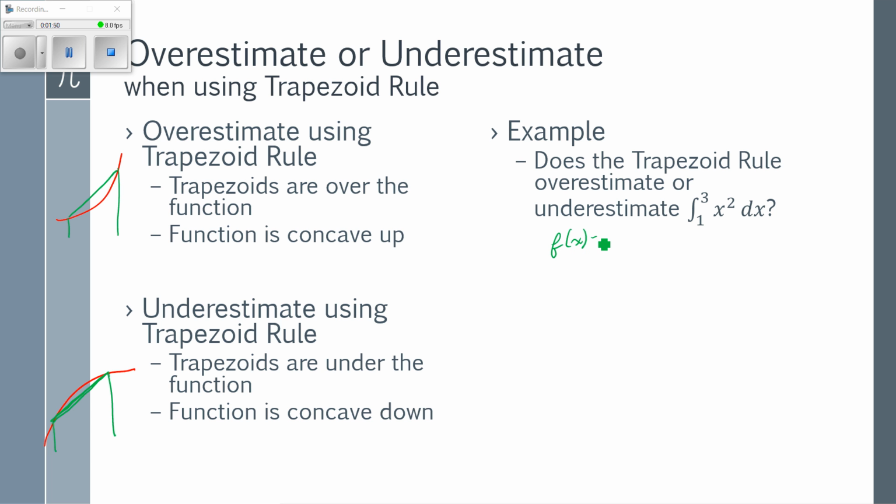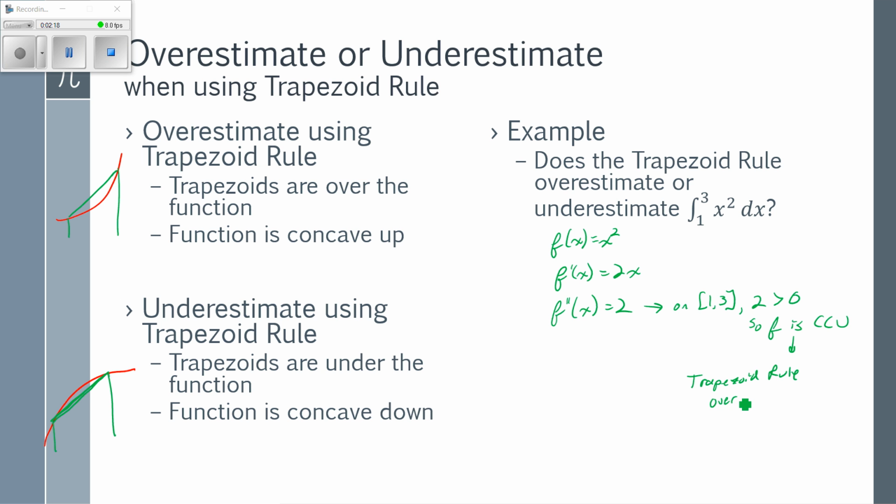So if my function is x squared, the first derivative would be 2x, the second derivative is 2, and on that interval from 1 to 3, 2 is greater than 0, so f is concave up, which means the trapezoid rule is overestimating. And that's how we can decide, are we over or underestimating using trapezoid rule.